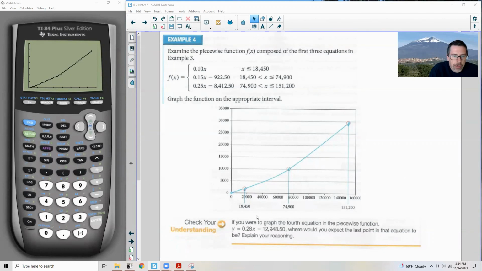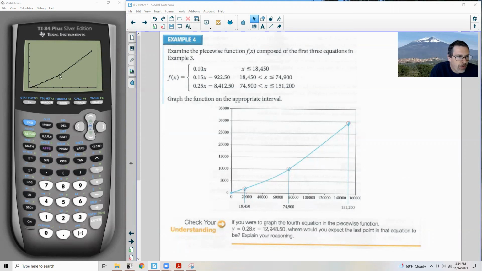Okay, so here's a better picture of the graph. So from 0 to 18,450, this was a tax rate. And then from 18,450 to 74,900 on the x-axis, because we don't see our intervals here. So remember, we made this one, what, 50,000 or 20,000. So this is 20,000, 40, 60, 80.